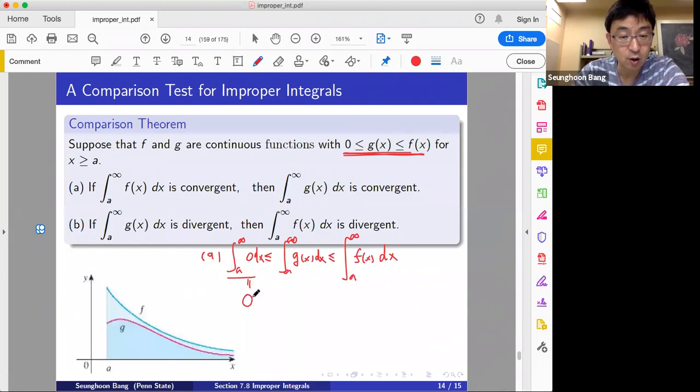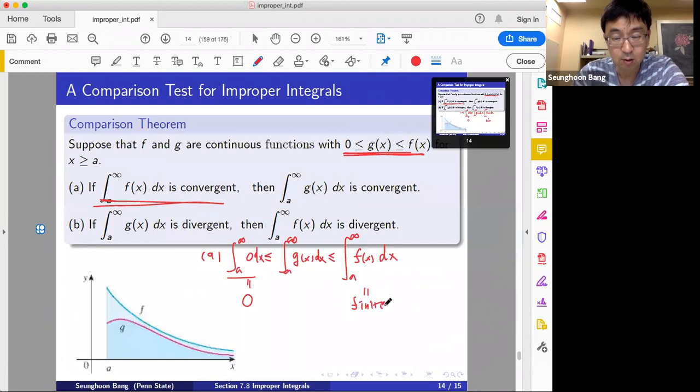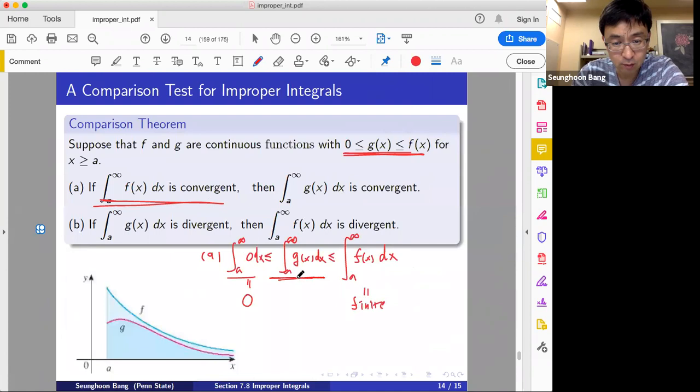The integral of 0 is always 0. What's the integral of f of x? By this assumption, convergent. What does it mean? Finite. But what happens? The middle one is between 0 and finite. What's the possibility? Only finite. Yes, convergent. That's it. This is A.